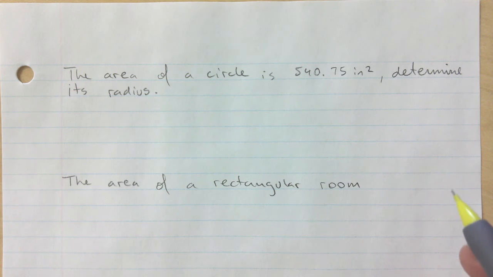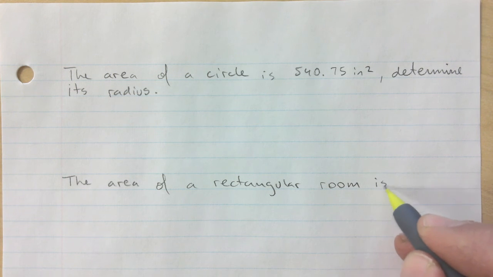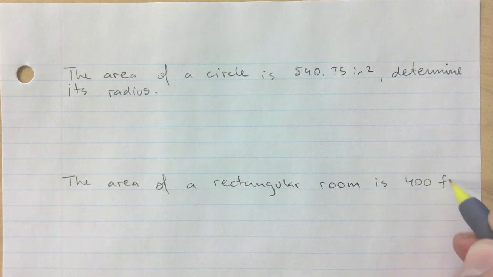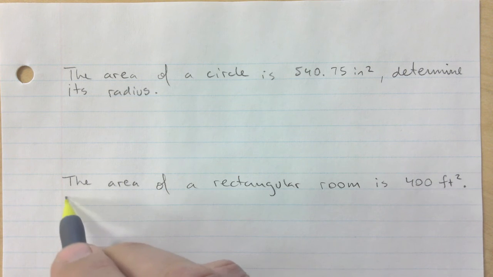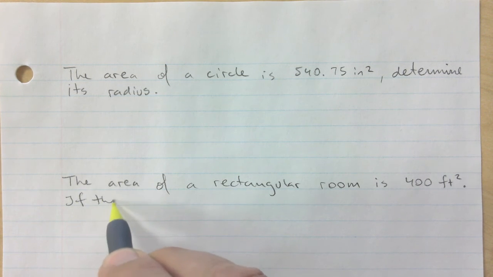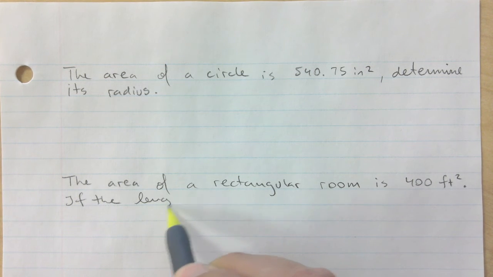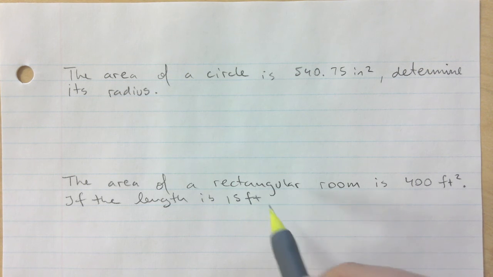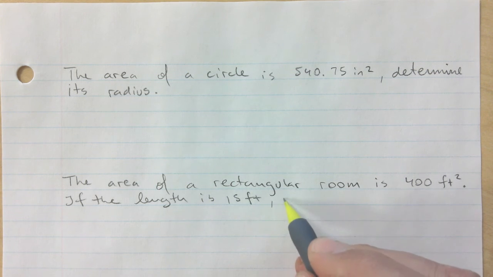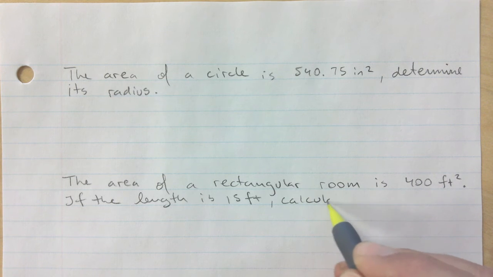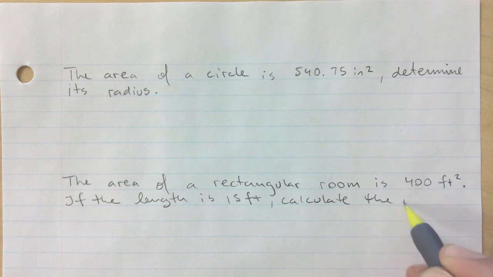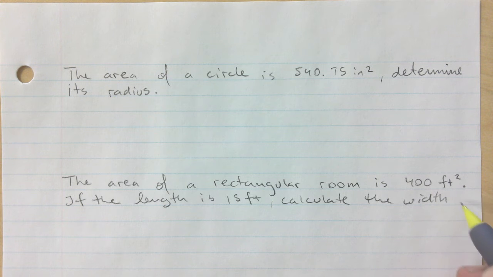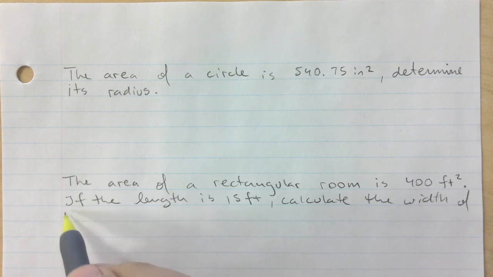The area of a rectangular room is 400 square feet. If the length is 15 feet, calculate the width of the room.